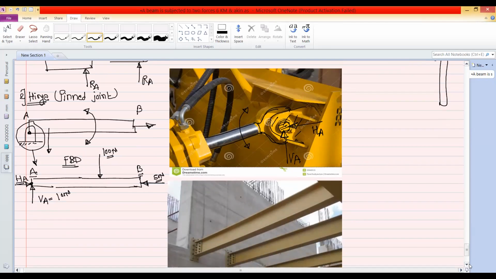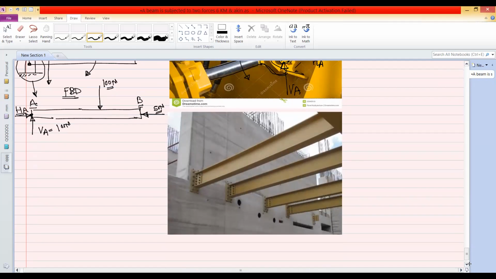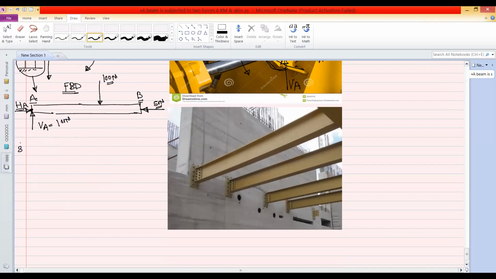And the third joint or support is the fixed support. So the fixed support will offer three reactions.